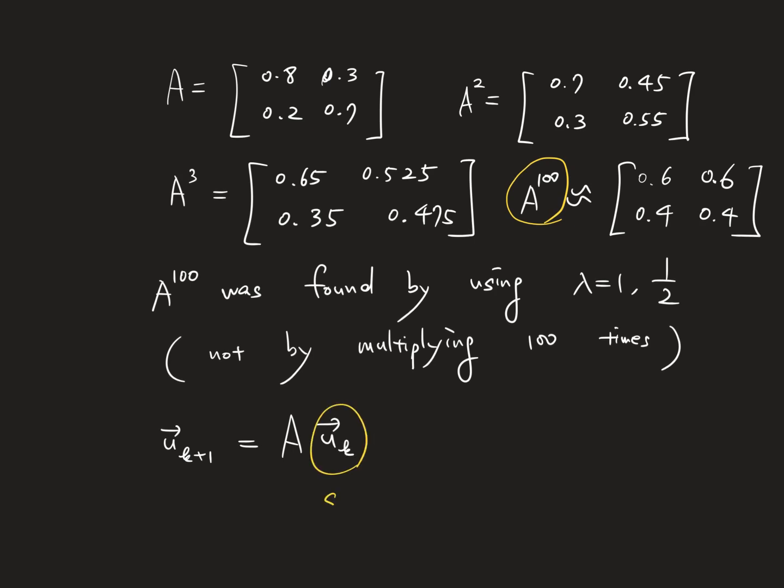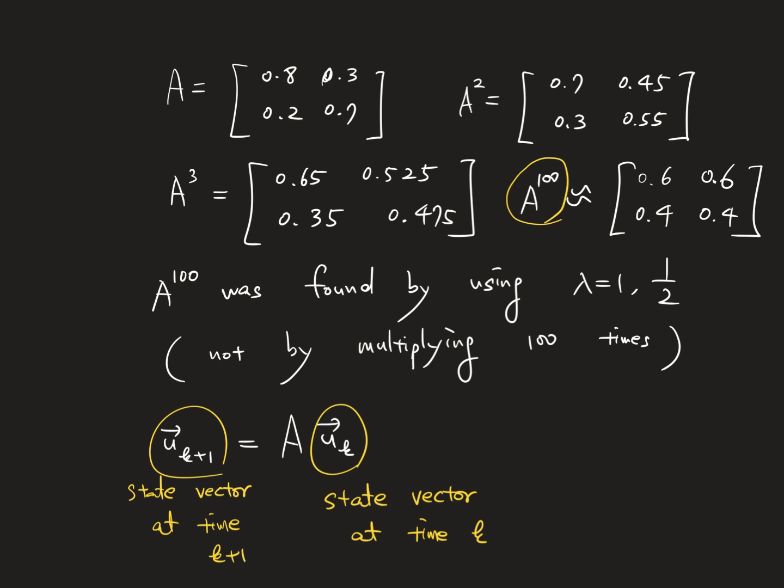This is a state vector at time k, and this is a state vector, or a system state vector, at time k plus 1.